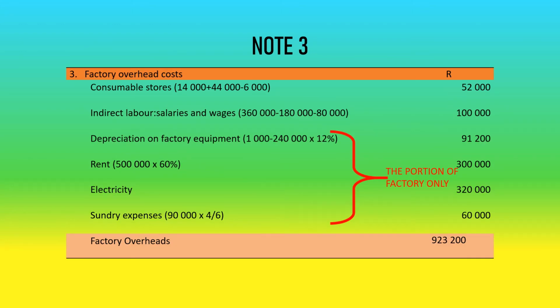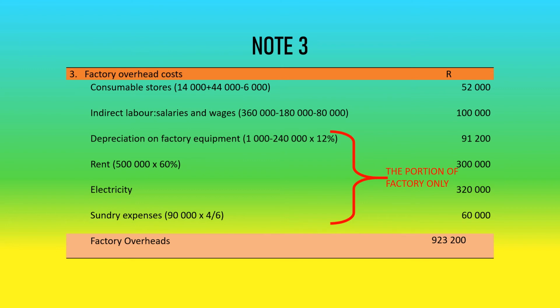Now note 3 is about calculating factory overhead costs. We have our consumable stores, where our opening balance was 14,000. Then we did more purchases of the consumables, which was 44,000, and then we deducted the closing balance, 6,000. All of this information was given to us. Then indirect labor, we have salaries and wages.